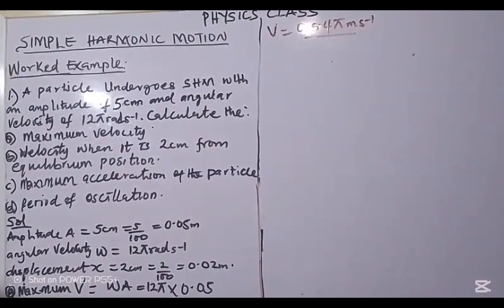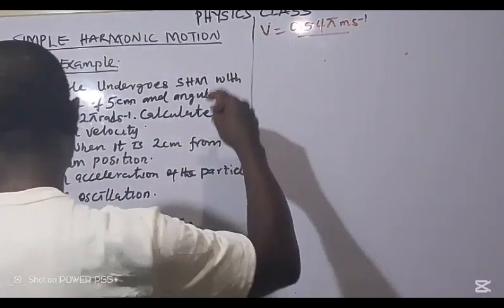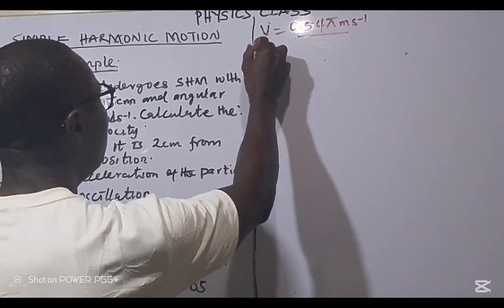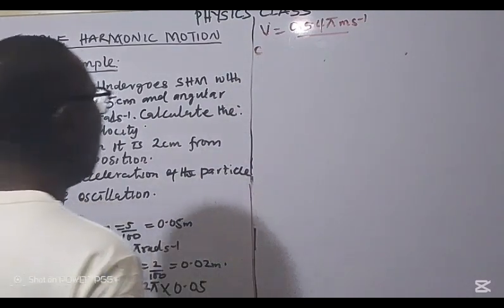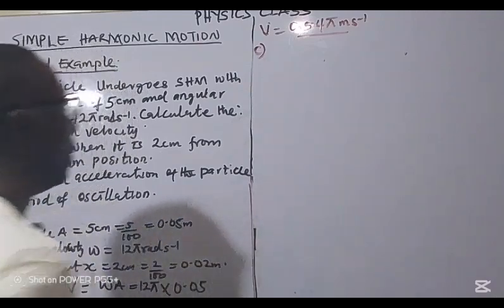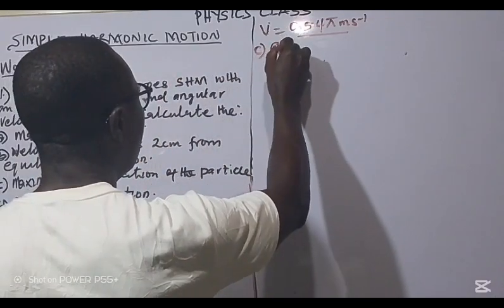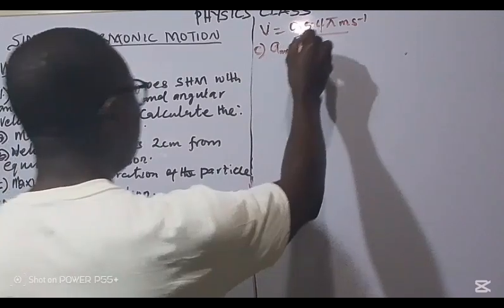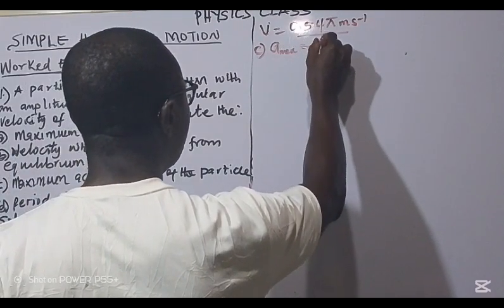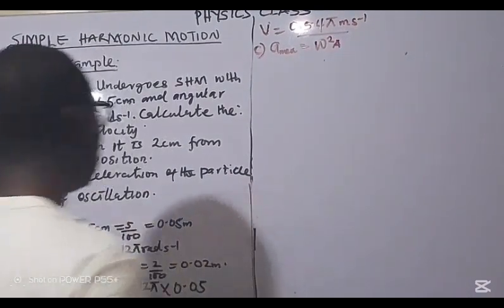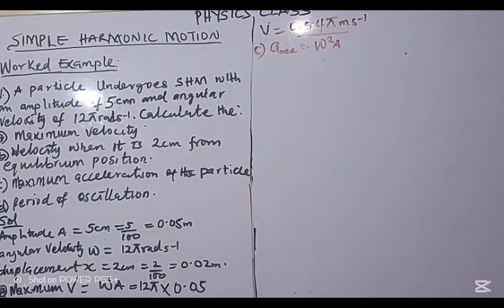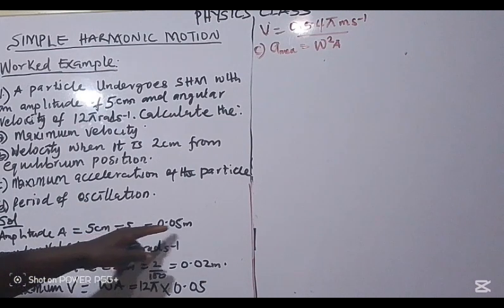Now, question C, which is maximum acceleration. And don't forget, from what I've written on the board the other time, our A maximum will be equal to omega squared A. That's the magnitude of maximum acceleration. Our A is given as 5 centimeters or 0.05 meter.